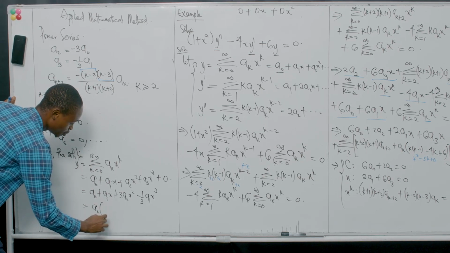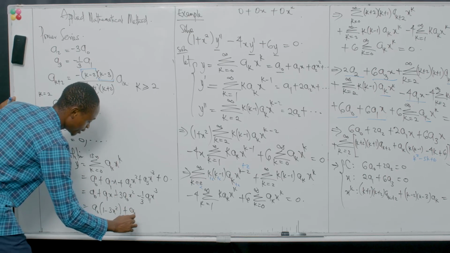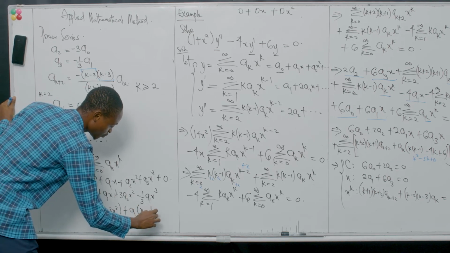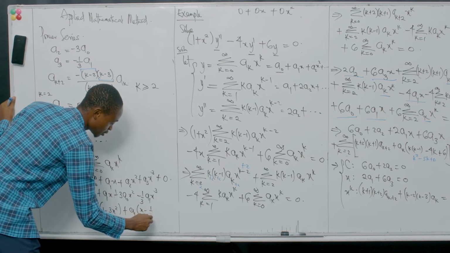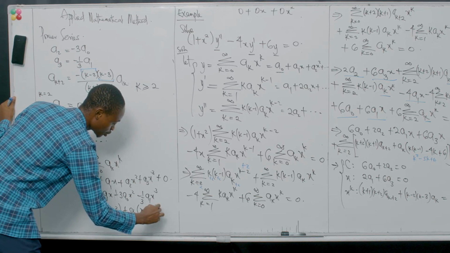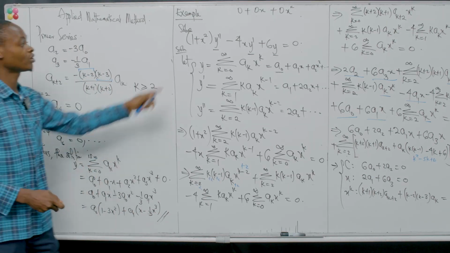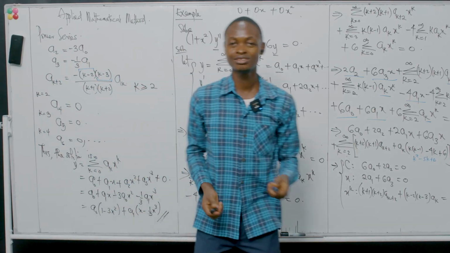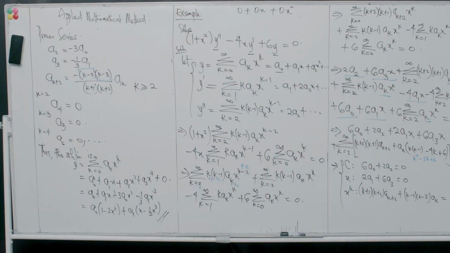So a0 into 1 minus 3x squared plus a1 into x minus 1 over 3 x cubed is the final solution for this differential equation. That is how we evaluate or solve the power series.